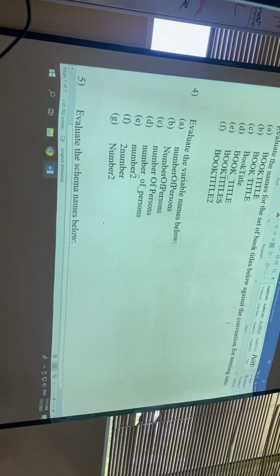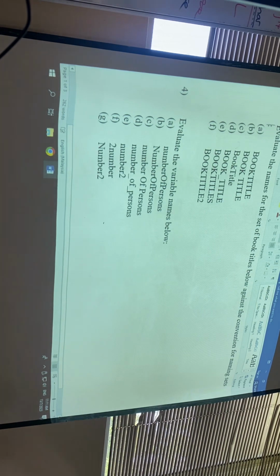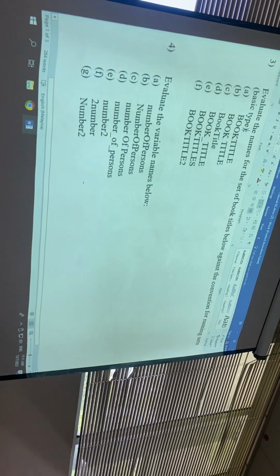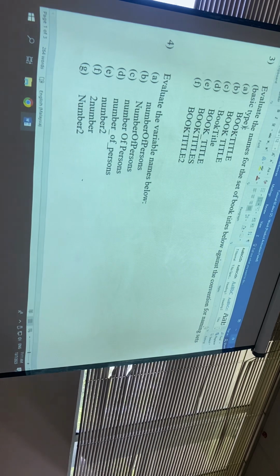So this one is normally what we call a basic type. For basic type, what are the rules that you remember that we discussed yesterday? Rules for basic type.